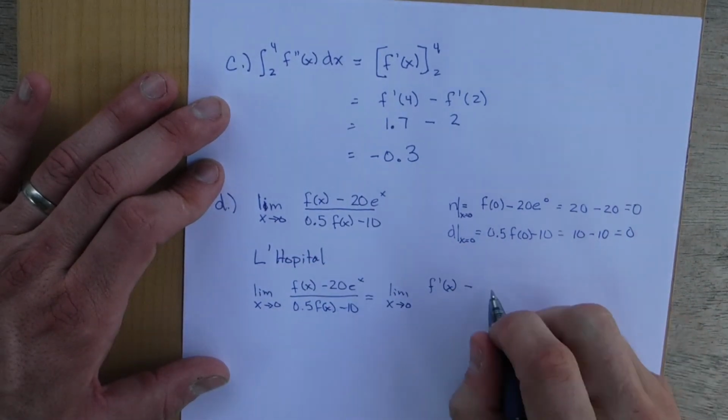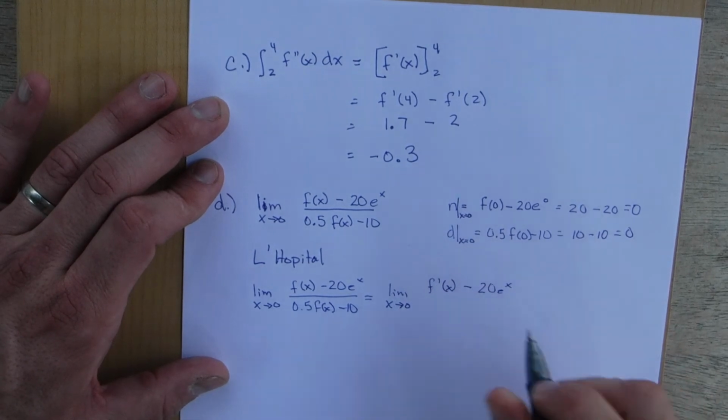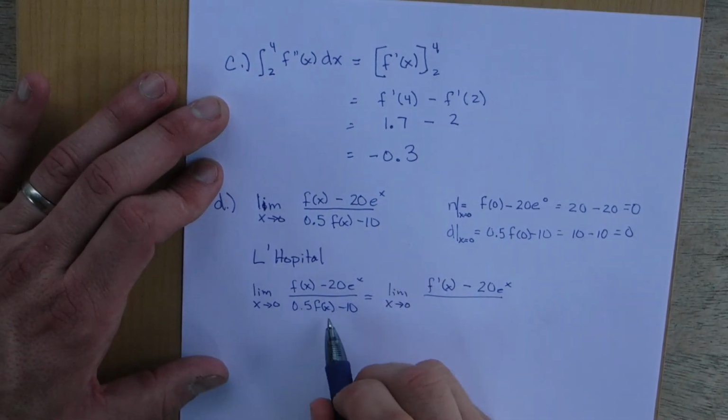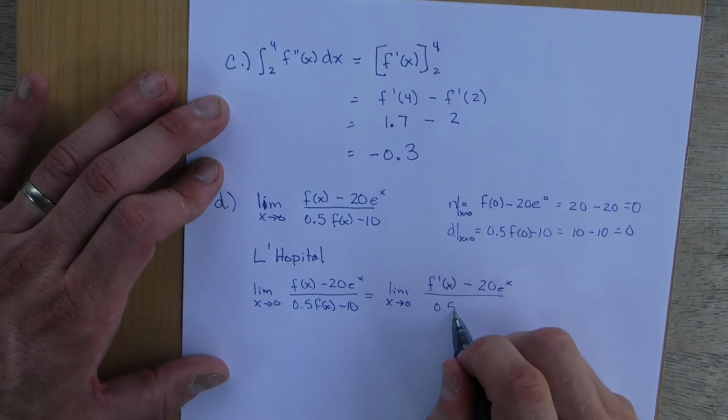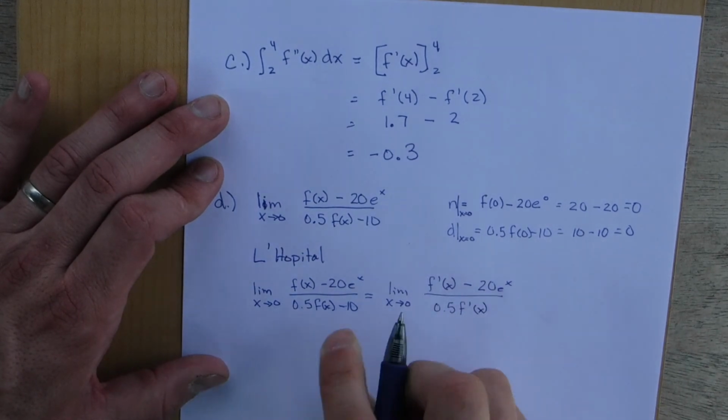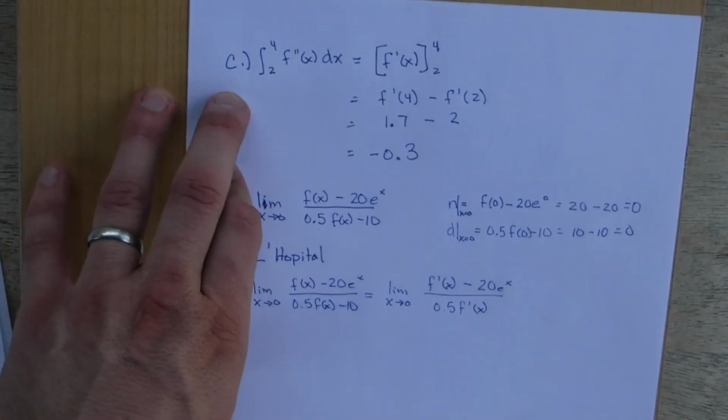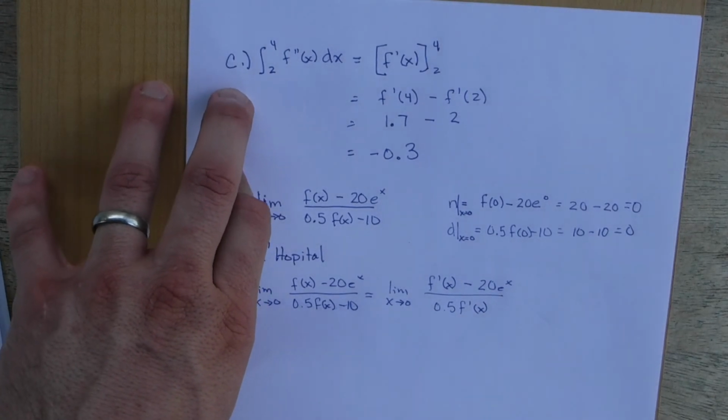The derivative of e to the x is e to the x, so nothing changes. The derivative of the bottom is 0.5 f prime. The 10 goes away, because the derivative of 10 is 0.